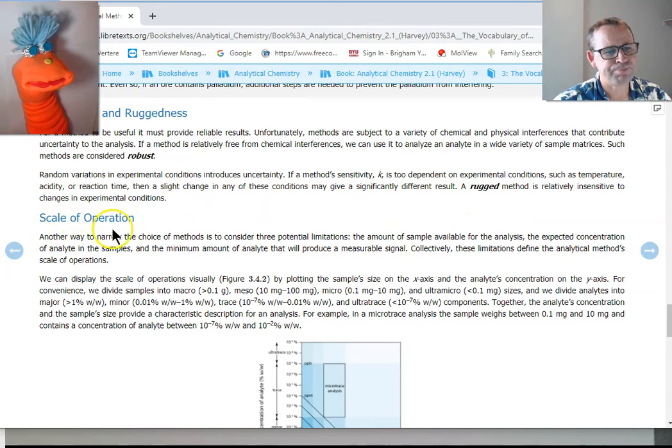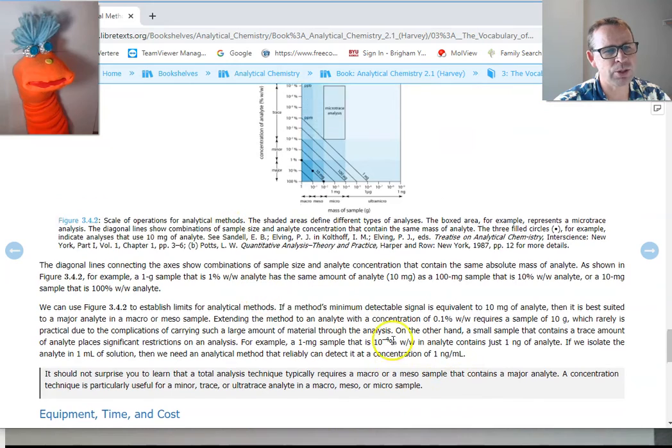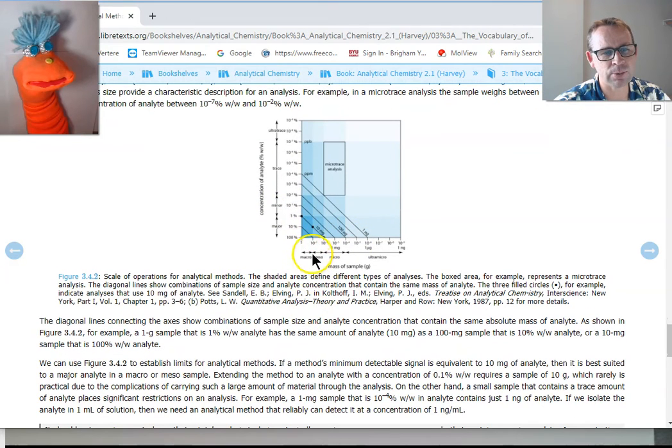Scale of operation. This section here I don't want you to spend too much time on, but essentially they provide a chart for us to look at and recognize the relationship between the mass of the sample that you have and the concentration of the analyte in that sample. As the concentration of the analyte in the sample goes down, then the mass of the sample goes up, right?